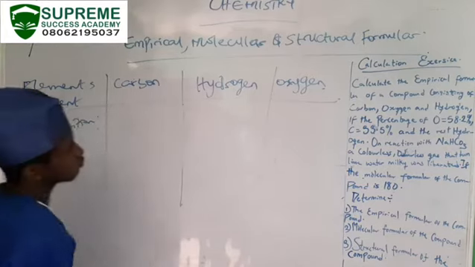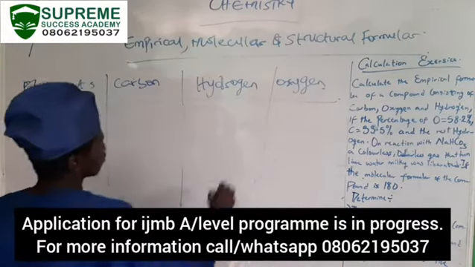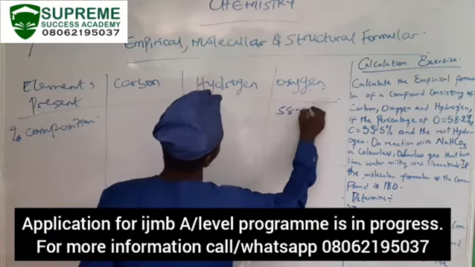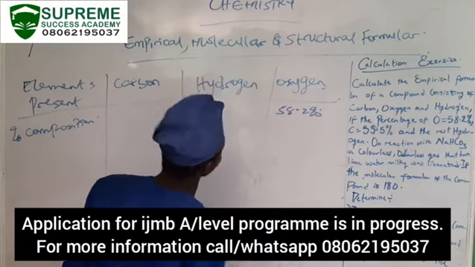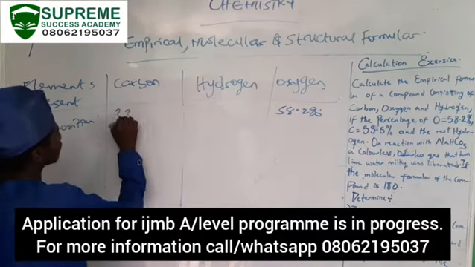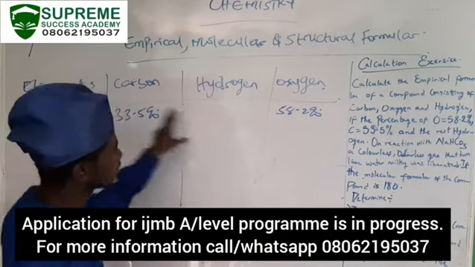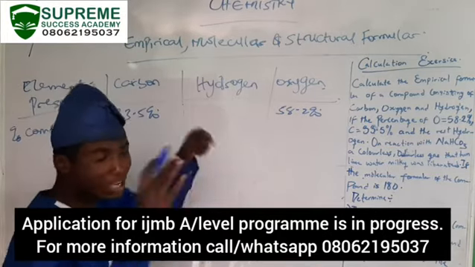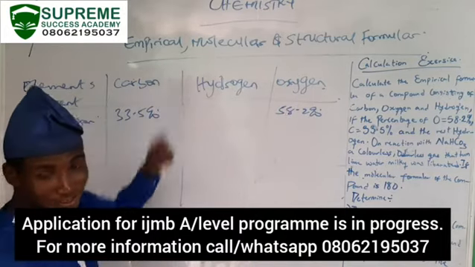As we can see from the question, the percentage of oxygen is 58.2% and carbon is 33.5%. We have to calculate the percentage of hydrogen. The total percentage is 100%, so we add these two together, then subtract from the total percentage.